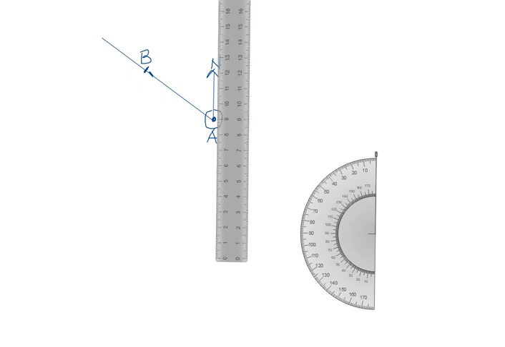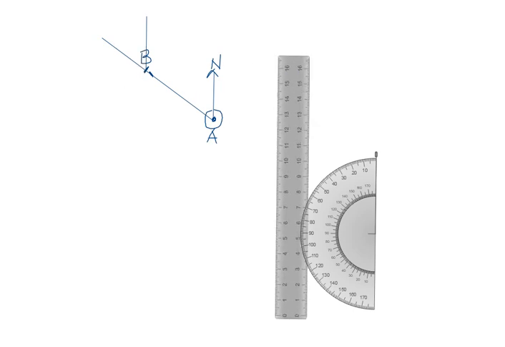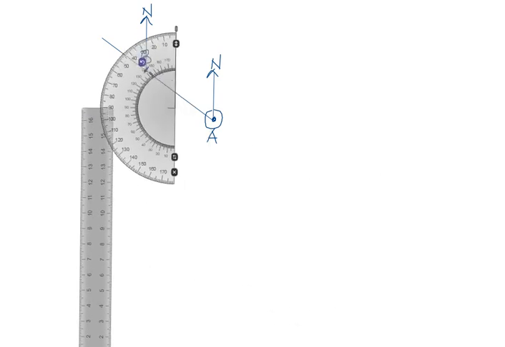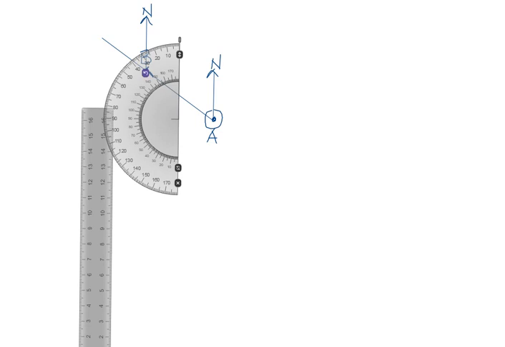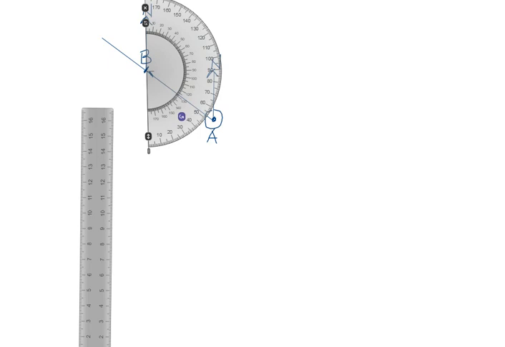We draw a line upwards from village B and we mark it north. So we have north over there. Then with our protractor we have to measure 90 degrees from point B to go eastward.